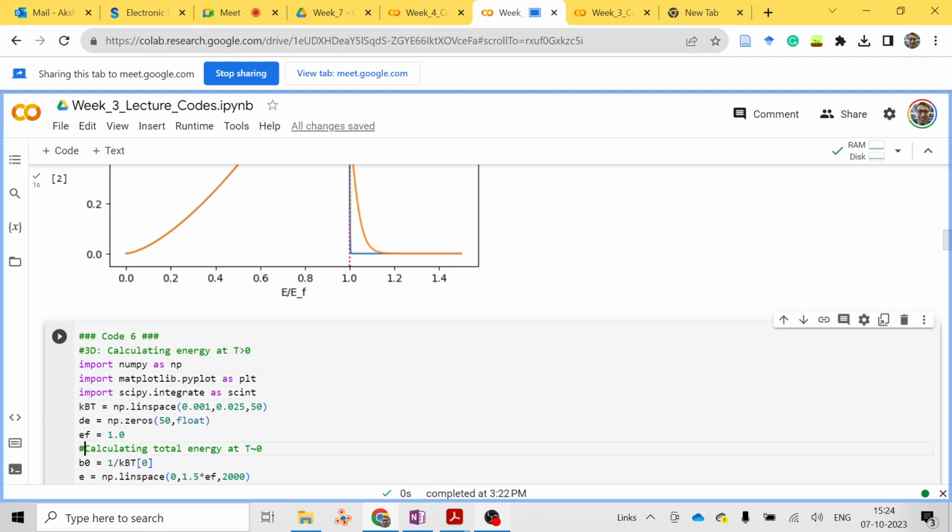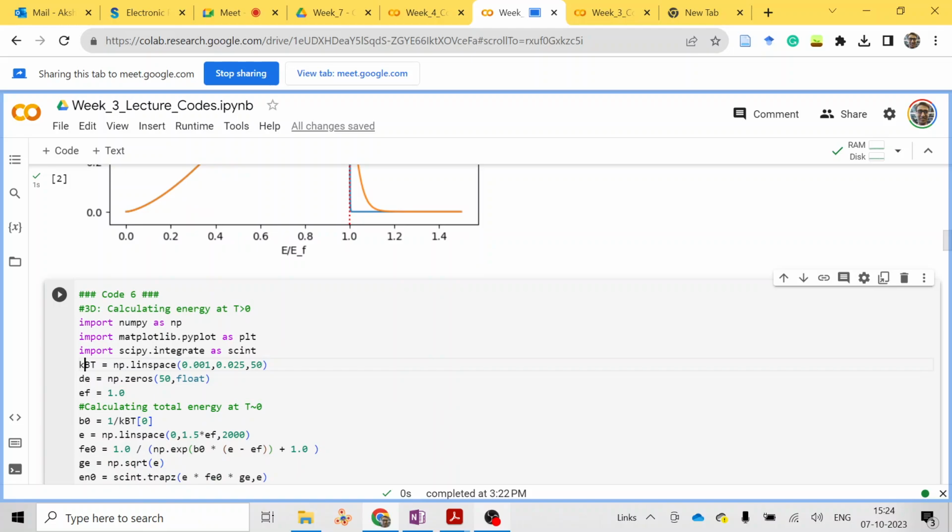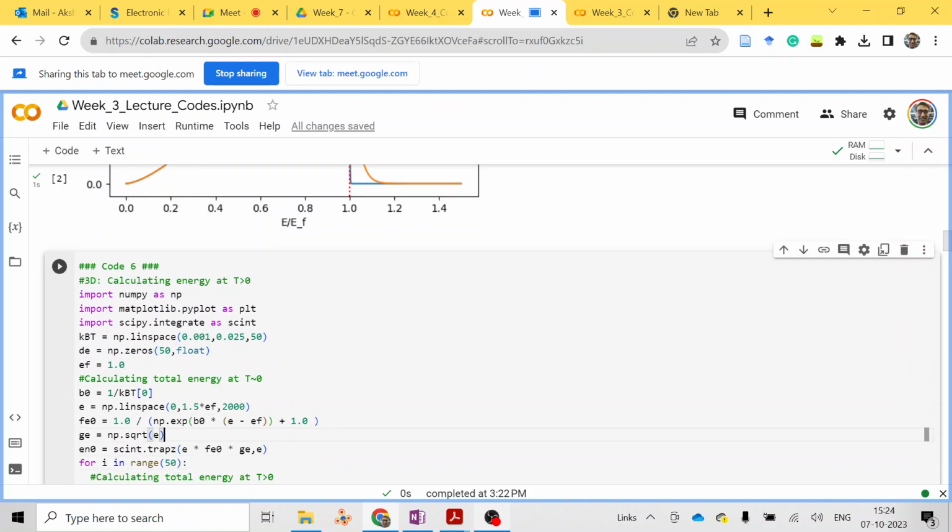For this, what we are doing is calculating total energy for T greater than 0 for a different range of temperatures. So this is the range of temperature that you have taken, and np.linspace from a very small value near 0 to room temperature, now 25 milli electron volt, and we have divided it into 50 temperatures along this range.